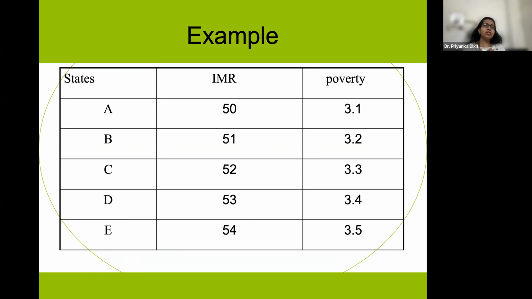But if we have some sense of cause and effect, let's say I know that if I spend a lot of time on exercise, then my blood pressure will come down, so exercise affects the level of blood pressure, then we can apply regression analysis.